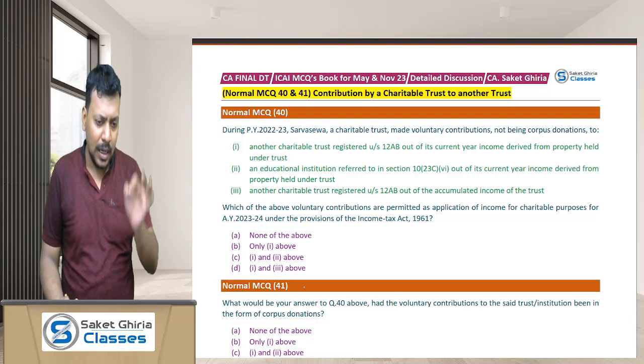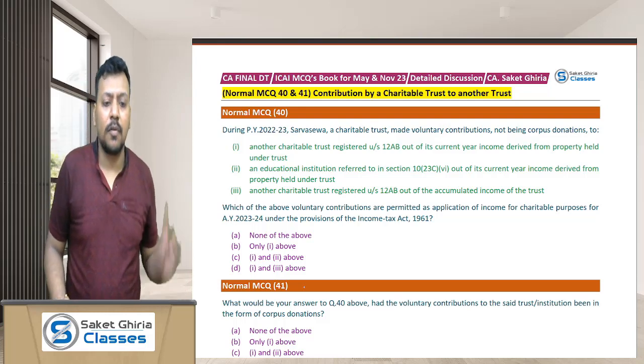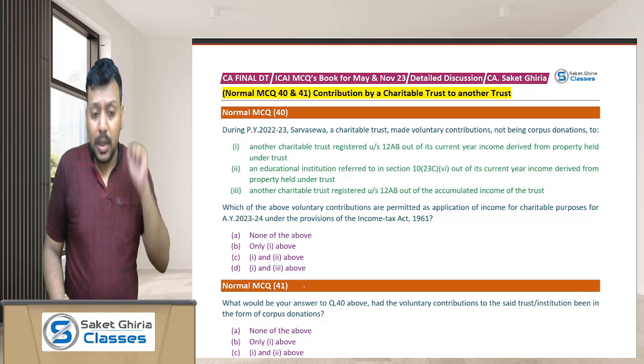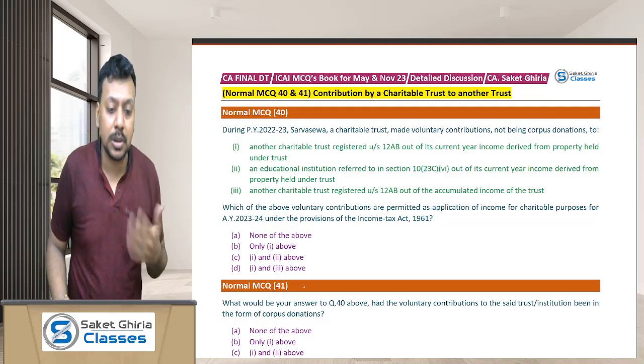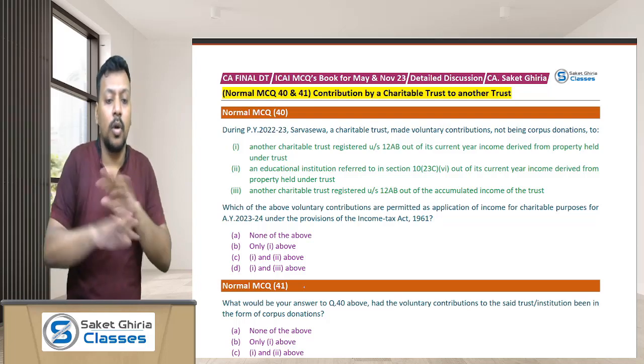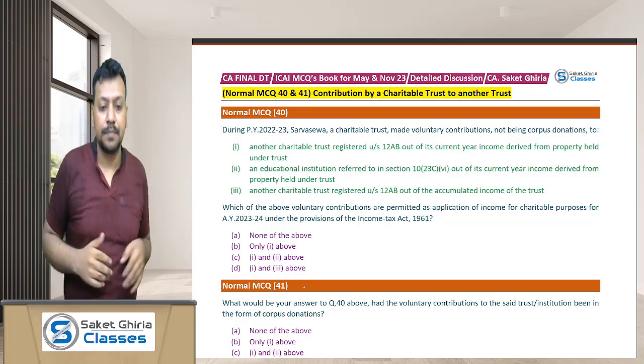Only in that case it would be counted as an application for the donor trust. So sir, let's say for example, the donor trust has made the contribution out of its current income for corpus donation of the recipient trust. No application would be considered for the donor trust.